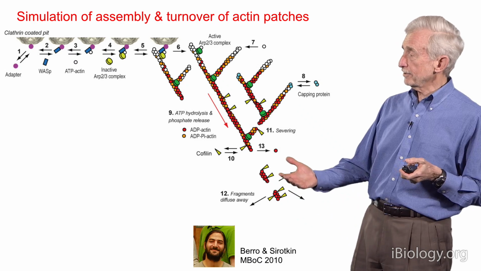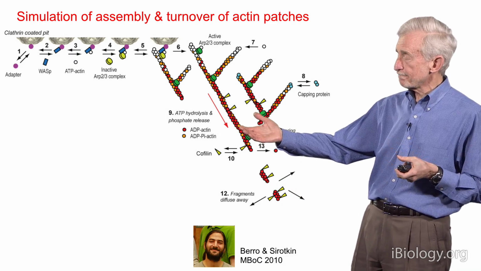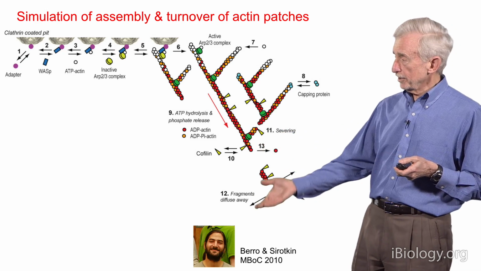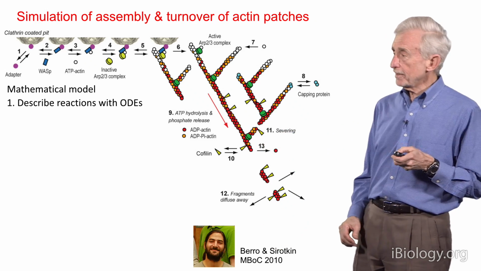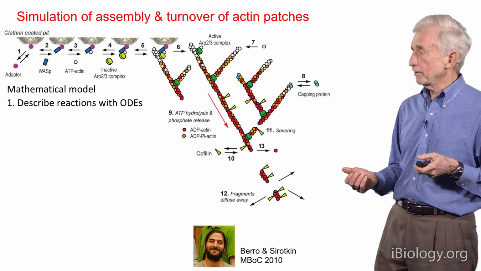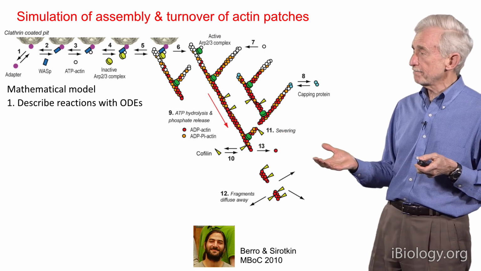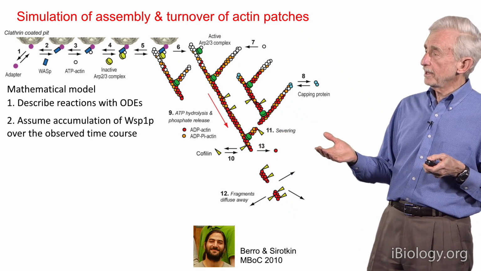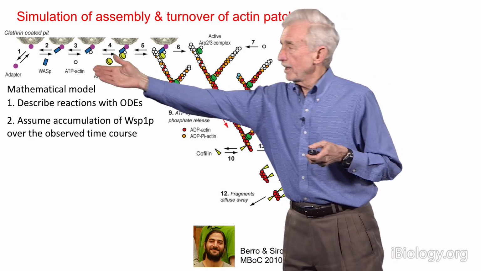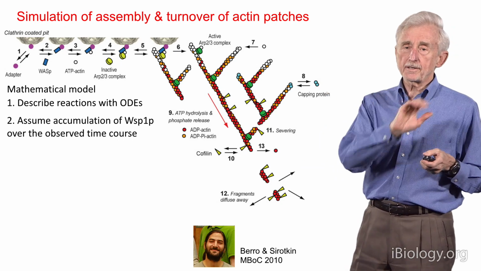So our hypothesis was the dendritic nucleation mechanism, which you can see up here at the top. Julian Barrow made a mathematical model where he used ordinary differential equations to describe each one of the reactions in this scheme. We assumed that the accumulation of WASP, shown in blue over here, was going to drive the entire process.